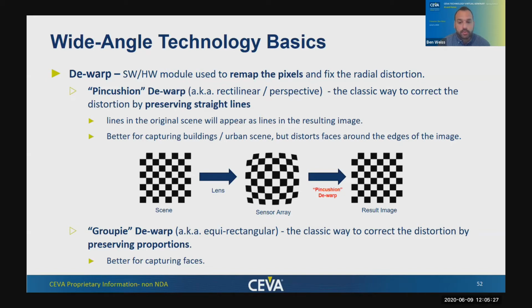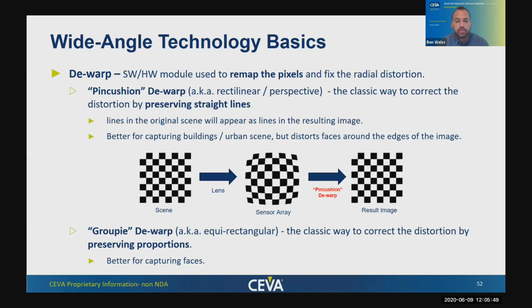Lines in the real world will appear as lines in the image, but objects will lose their proportion through the process. This version of de-warp is better for capturing buildings or urban spaces, but it's not so good to correct faces, for example.